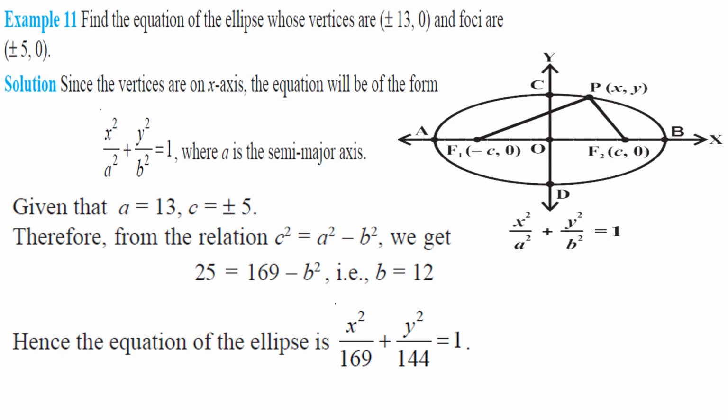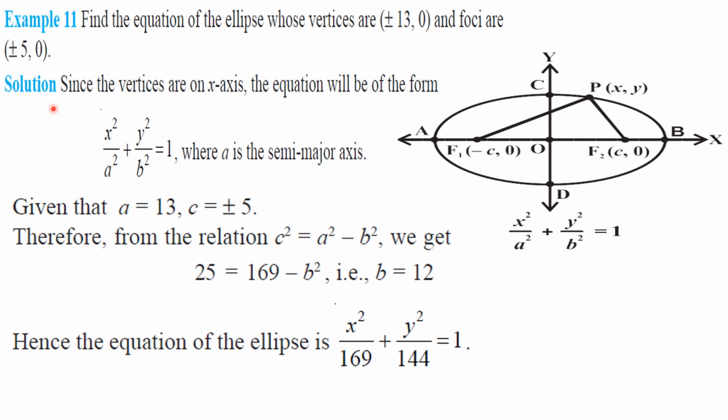So the geometrical representation of the required ellipse will be like this. The foci of the ellipse are on the x-axis and the vertices of the ellipse are also on the x-axis because the y coordinates of these points are 0. Understood this point, my children?